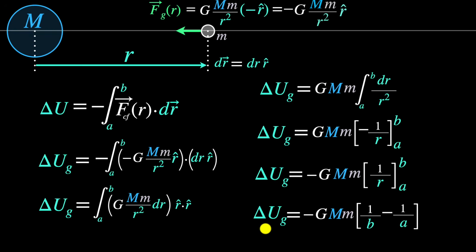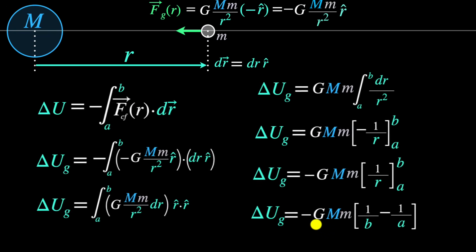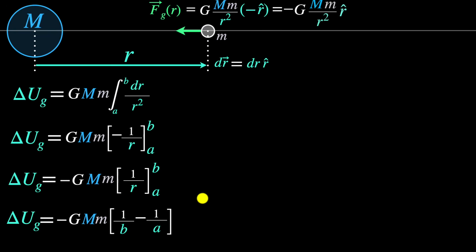But you might say, well, I want the potential energy expression for a specific point at some distance r from the center of this planet. This is the change in potential energy. How do I get potential energy at r from this expression? Well, let's see. First of all, change in potential energy is the final potential energy minus the initial potential energy.